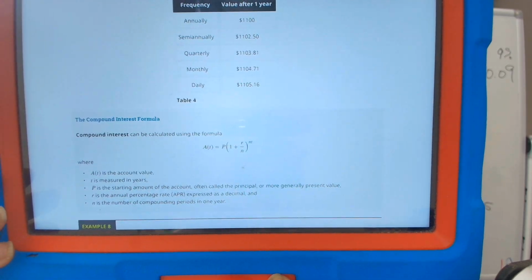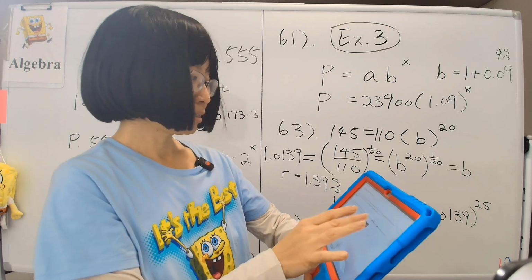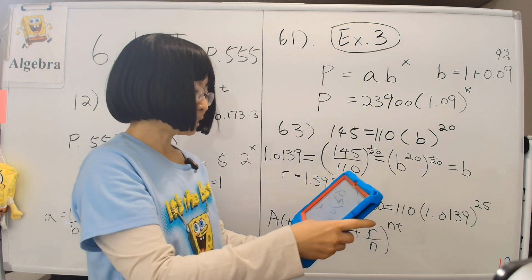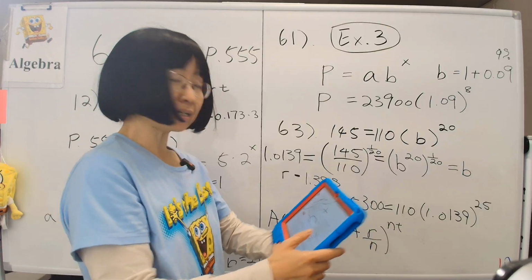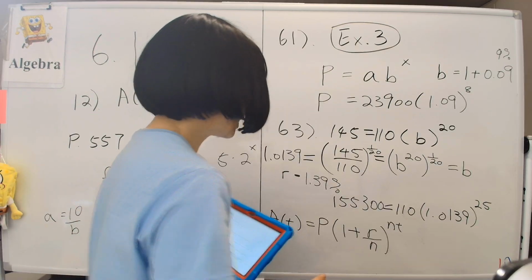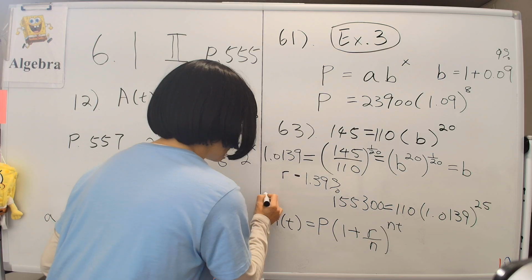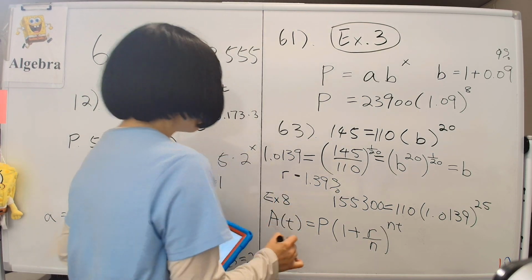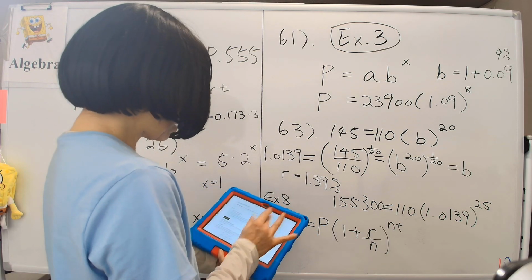That is the compound interest formula, and this is on page 552, right before example 8. So for this problem, please consult example 8 if you have any trouble remembering how to do it. Now, anyway, we're going to do this problem.